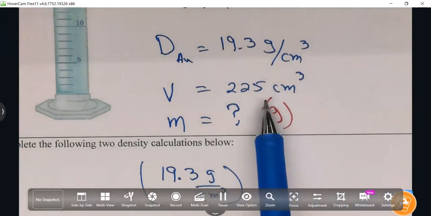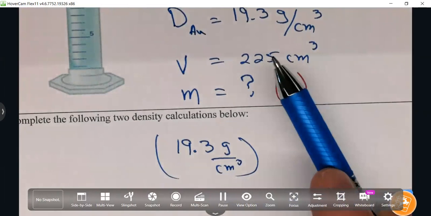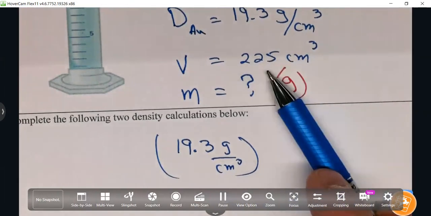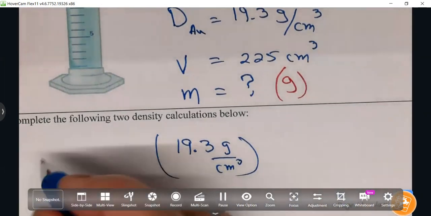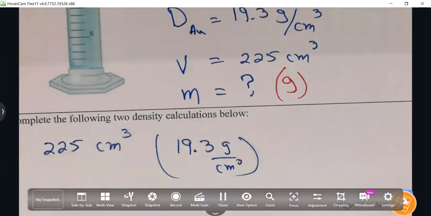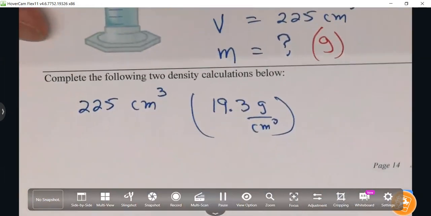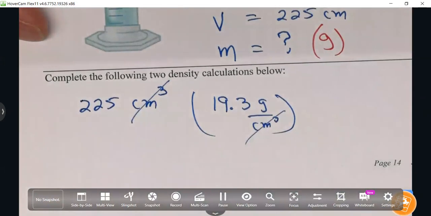Now, here's what I always say, and I should have stressed this. Start with your single unit number first. This is a single unit number. Start with your single unit number first. Won't these units cancel out? Right? I didn't memorize any equation.